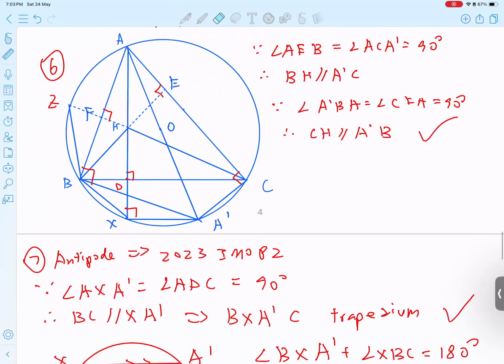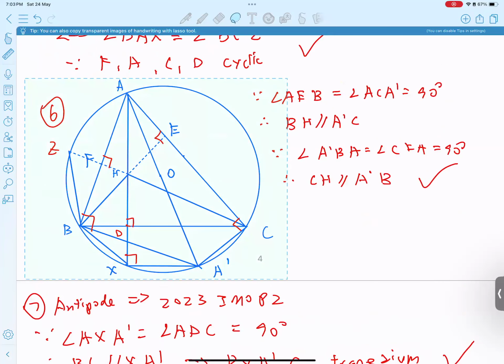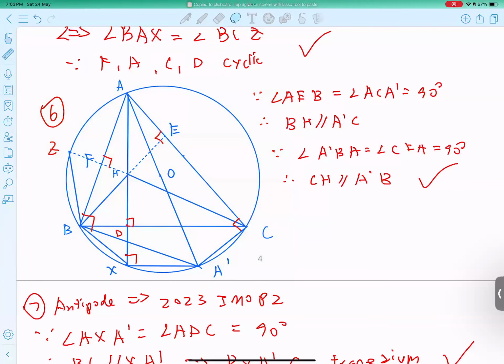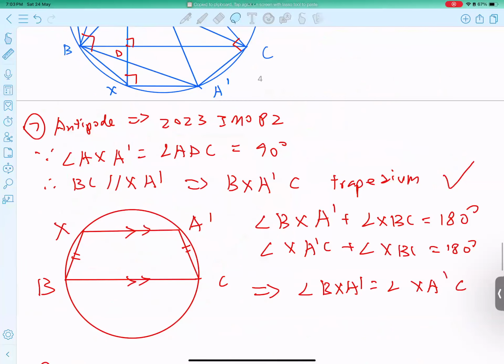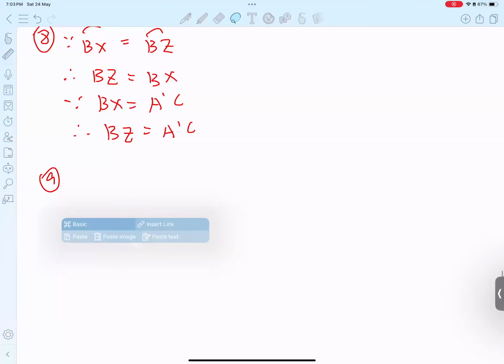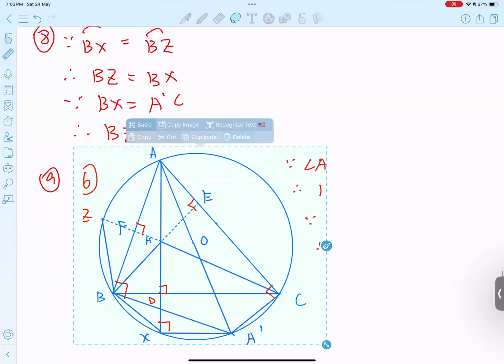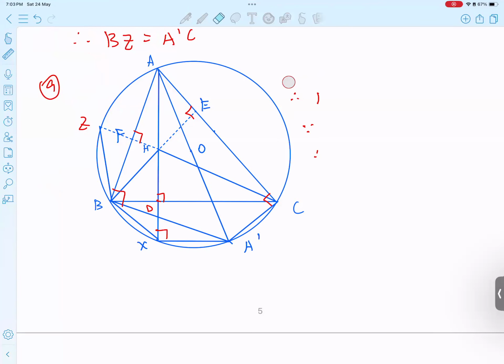So let's copy this diagram. It's getting a bit messy, I know. Once you get better at geometry, you know how to cope with these. So I actually don't need these.